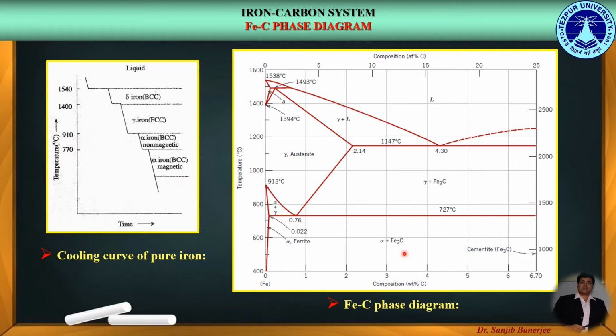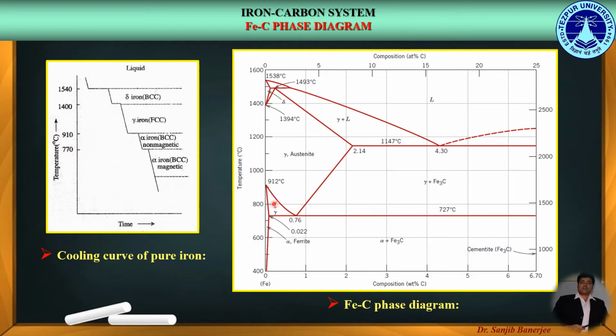Steels with carbon less than the eutectoid composition, that is in the left hand side of this eutectoid point, are known as hypoeutectoid steels, and those greater than the eutectoid composition, that is in the right hand side of the eutectoid point, are known as hypereutectoid steels.